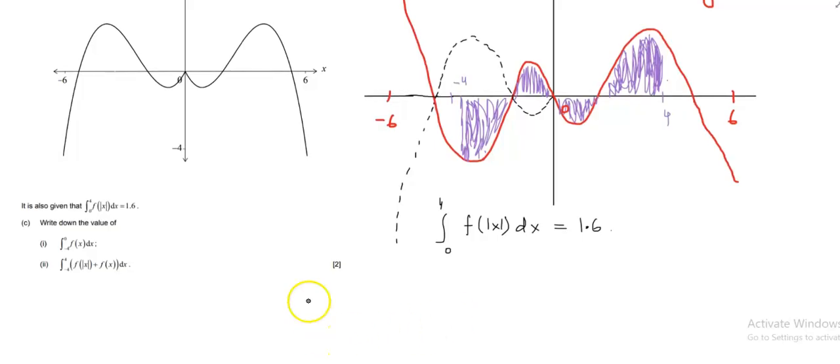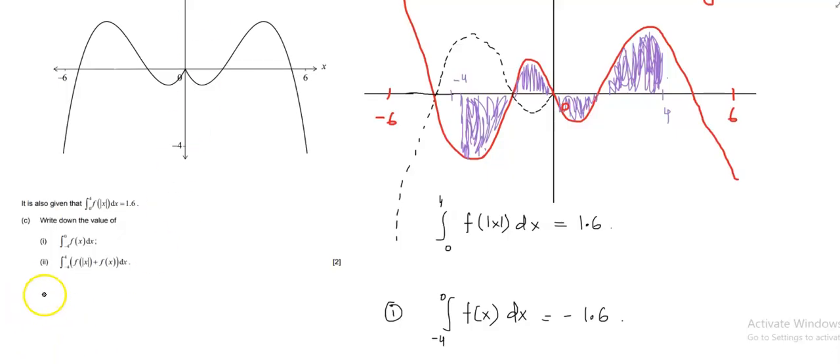So if I go by that analogy, if I want to find the integral from -4 to 0 of f of x, it's exactly similar to what we have over here, but because the region is tilted, it's reflected, so I'll just write it as -1.6. So this is going to be the answer for part 1.